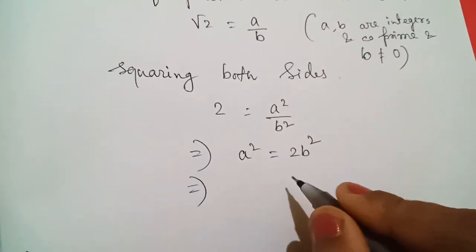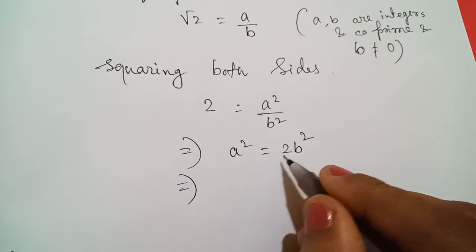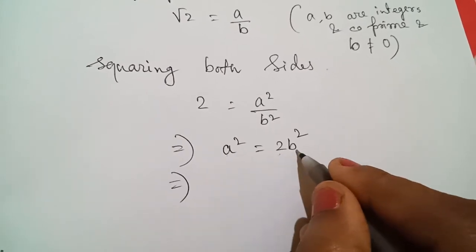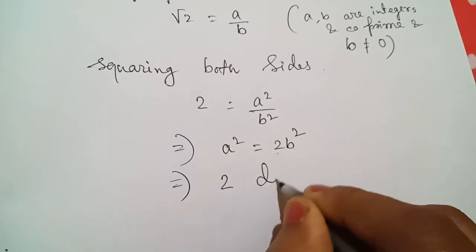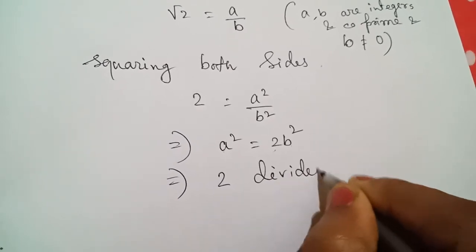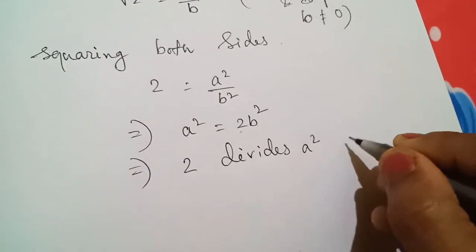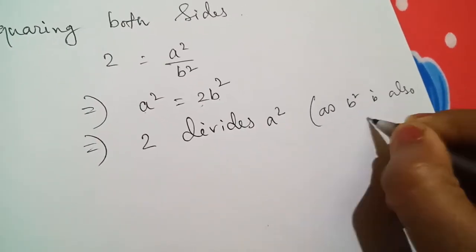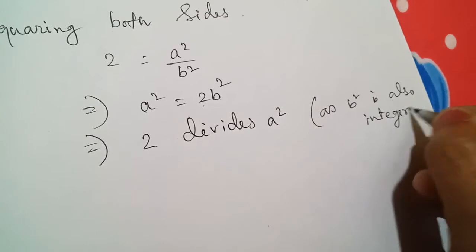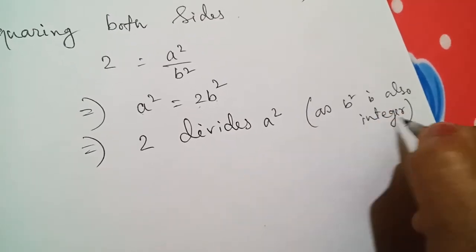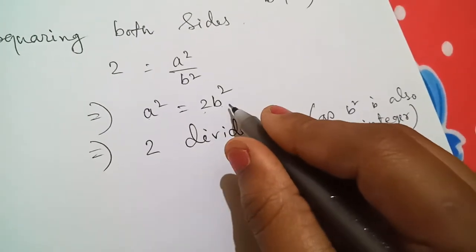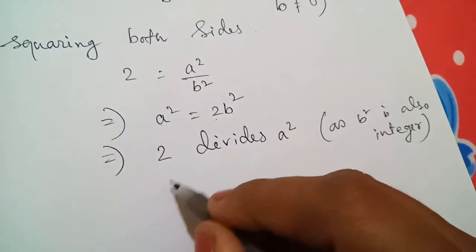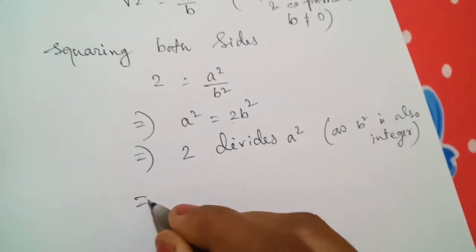That means we can say that 2 is a factor of A square, because 2 into something. So we can write down 2 divides A square, as B square is also an integer. B is an integer, that means B square is an integer. So 2 into any integer will give us A square. So that means 2 is a factor of A square. So 2 divides A square.